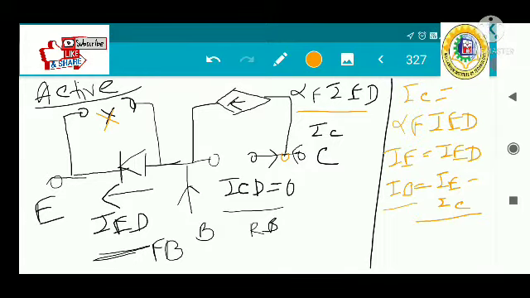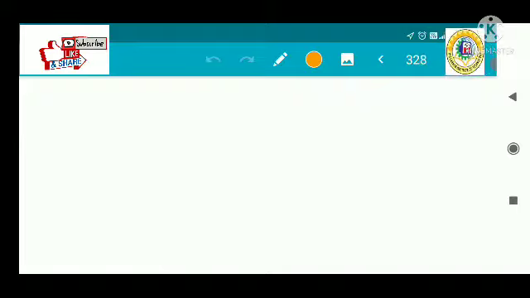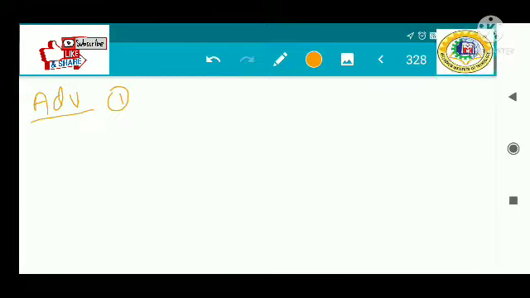Now the advantages and the drawbacks of the Ebers-Moll model. Now I am writing the advantages. Advantage number 1, all operating regions can be represented with the help of this model, which I also mentioned at the starting point.